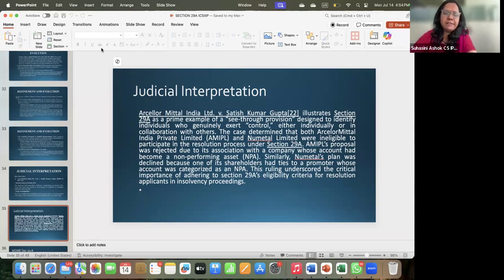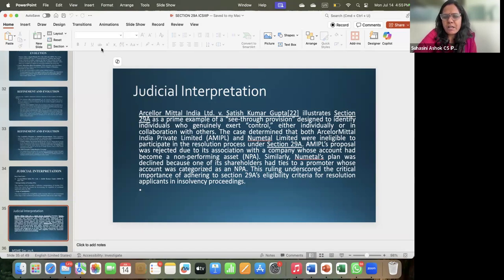If we see the latest one, that is Bhushan Steel, but first we'll cover ArcelorMittal versus Satish Kumar Gupta, where the main principle of Section 29A is to identify individuals who genuinely exerted control, either individually or in collaboration with others, where ArcelorMittal and New Metal were ineligible to participate in the resolution process.